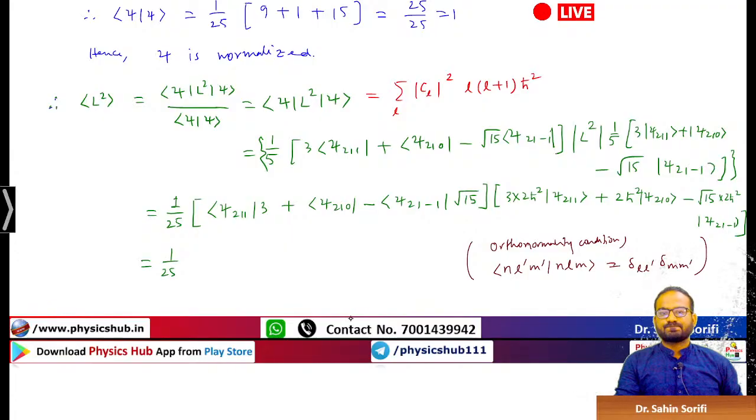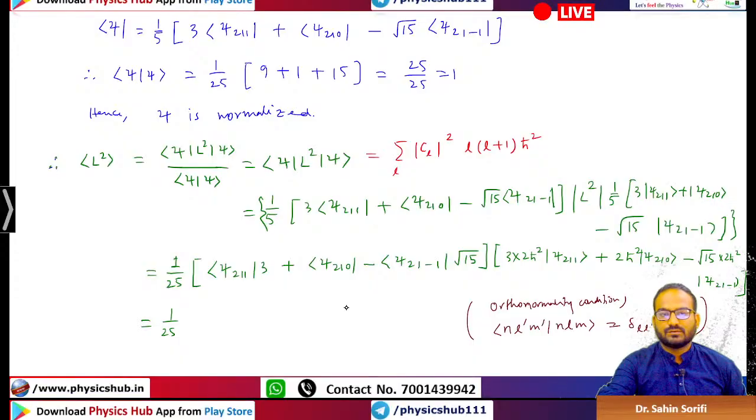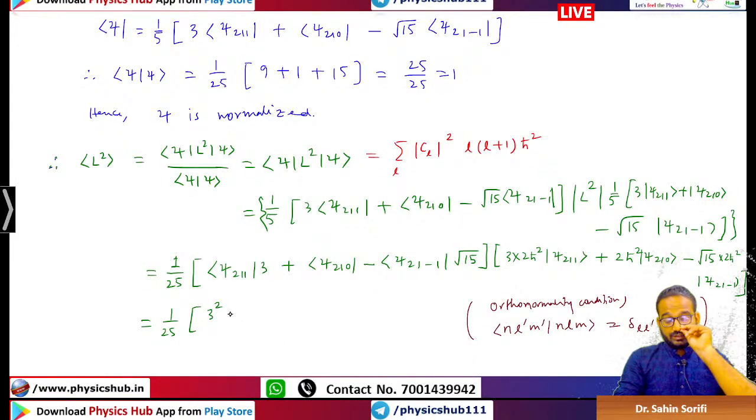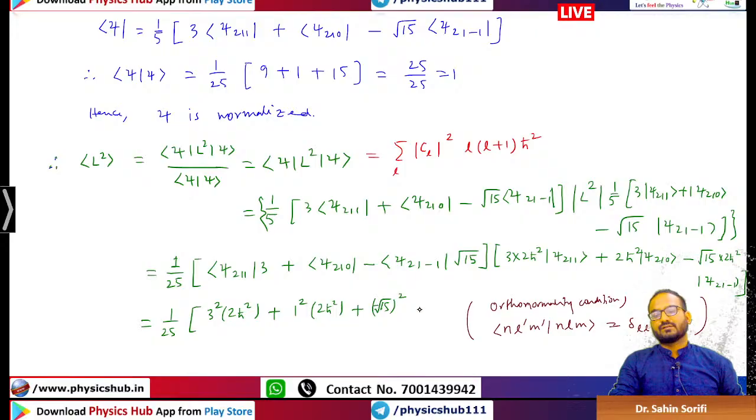Okay. So psi was the coefficients squared. So 3² L(L+1) 2ħ², plus 1², again 2ħ², plus square root of 15 squared, minus square root of 15 squared, and how much?